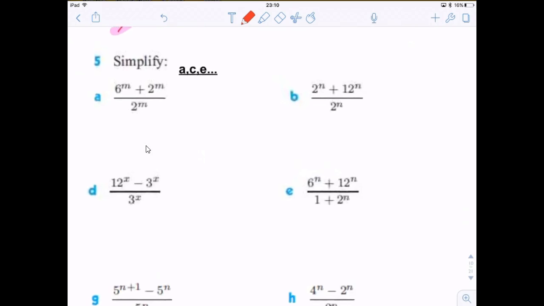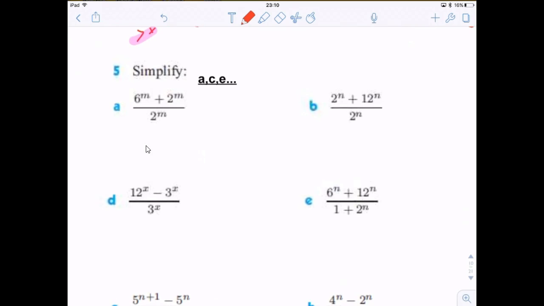Okay, going back to A here. 6 to the m plus 2 to the m divided by 2 to the m. Well, 6 is equal to 2 times 3, so we'll do (2 times 3) to the m plus 2 to the m divided by 2 to the m. And so we could factor out a 2 to the m from the top.